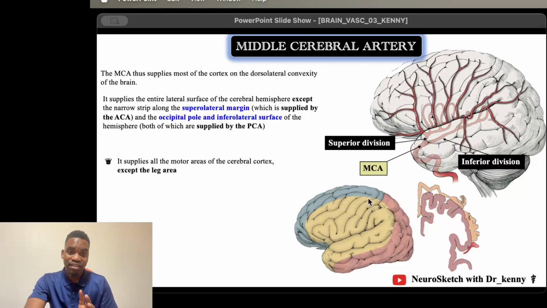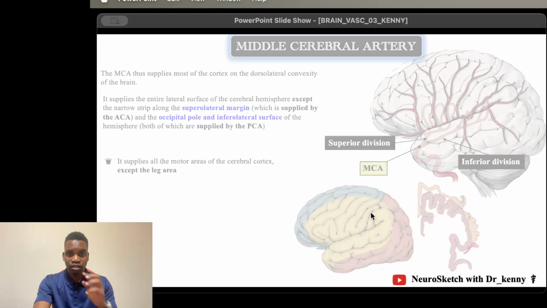It supplies most of the lateral surface of the cerebral hemisphere, except a narrow strip above here, which you remember was supplied by the anterior cerebral artery, and it also does not supply this part over here because this part is supplied by the posterior cerebral arteries.